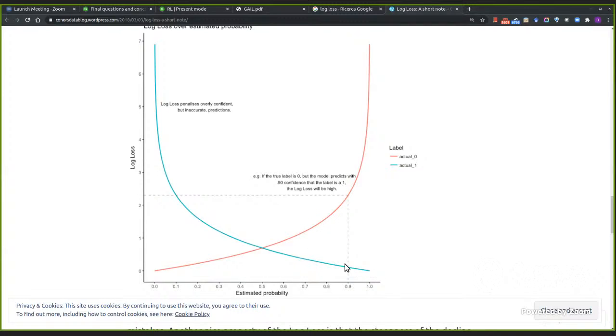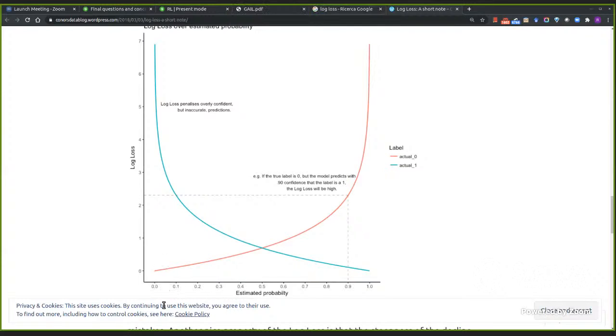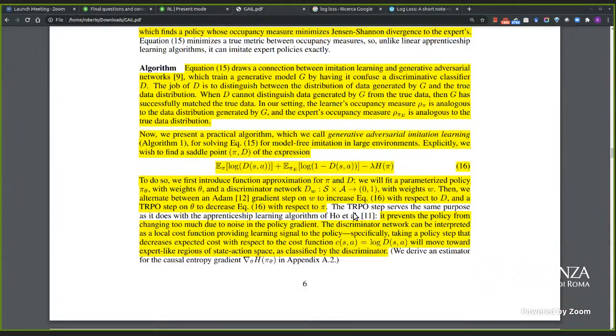So if this is an actual 1 and the classifier is predicting 0.1, then if we look at this curve, the classifier is receiving a high penalty, and this penalty increases the closer the estimated probability goes to 0. And this is how it is behaving in equation 15, and then as a consequence in equation 14.